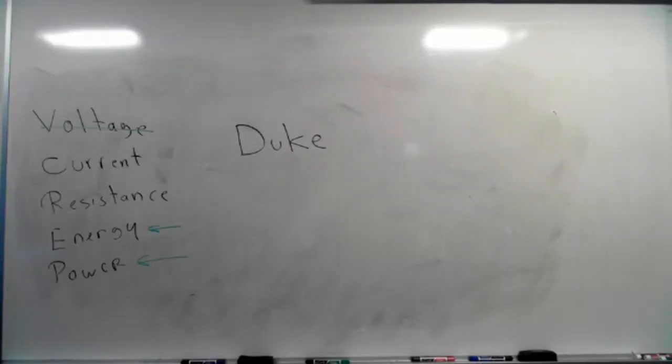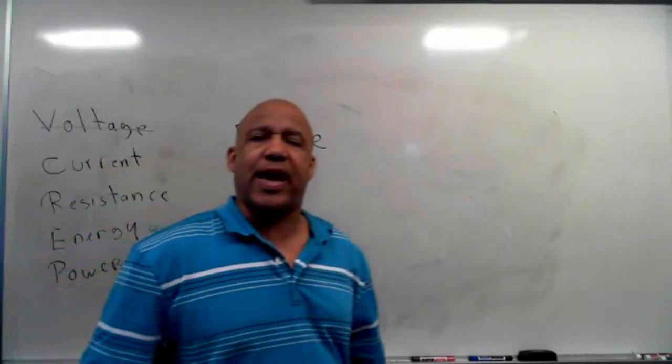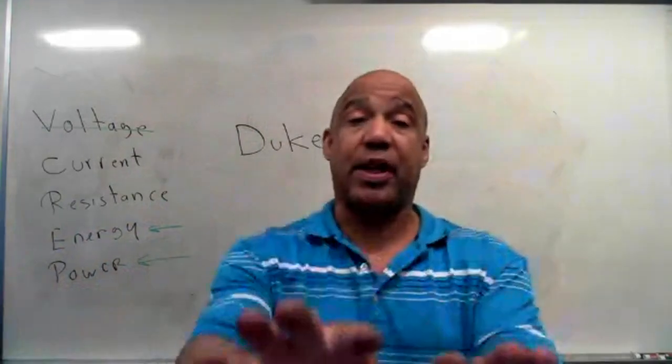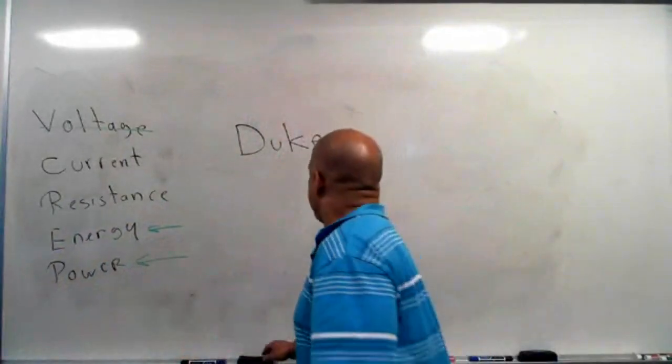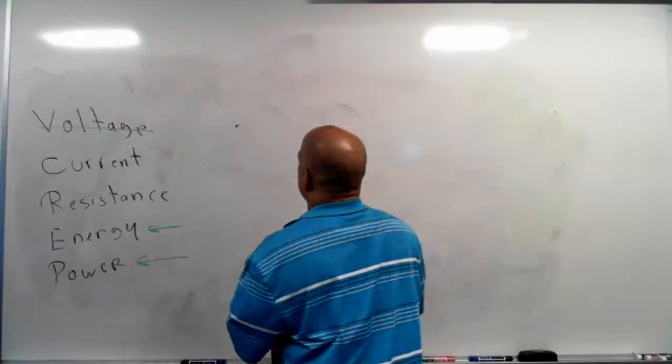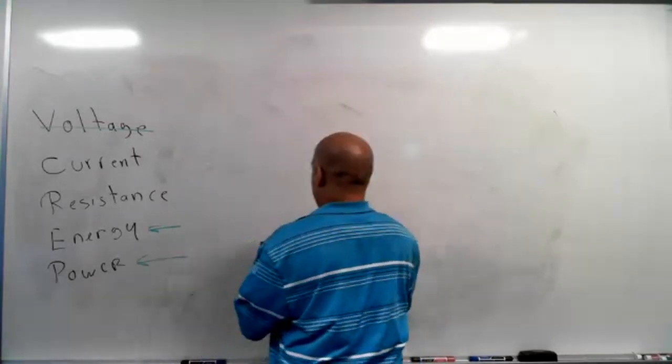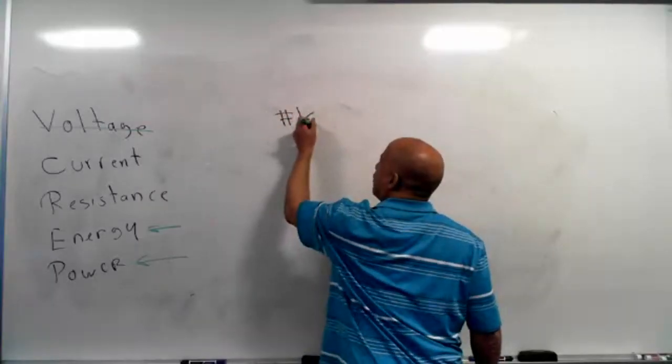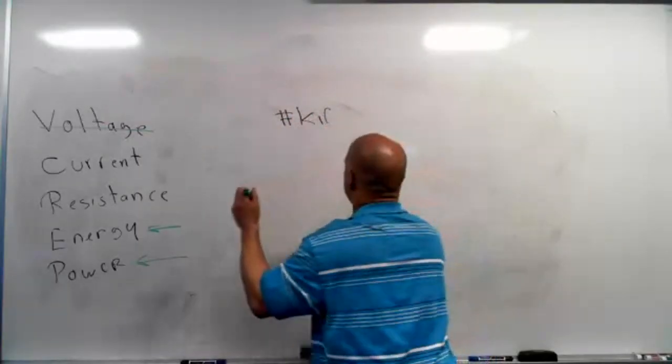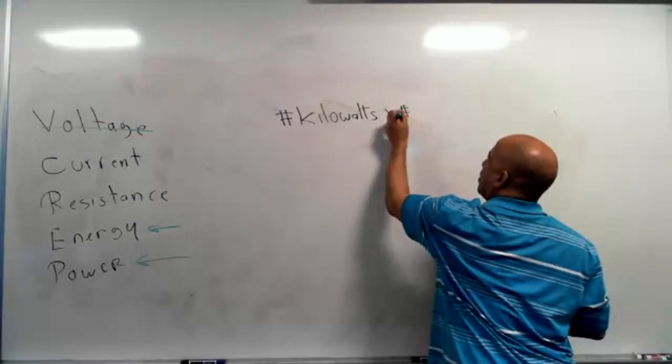Since we know this meter is measuring kilowatt hours, the thing to ask is, what the heck is a kilowatt hour? Well, let me tell you. The way you get kilowatt hours is this: you take the number of kilowatts and you multiply that by the number of hours.